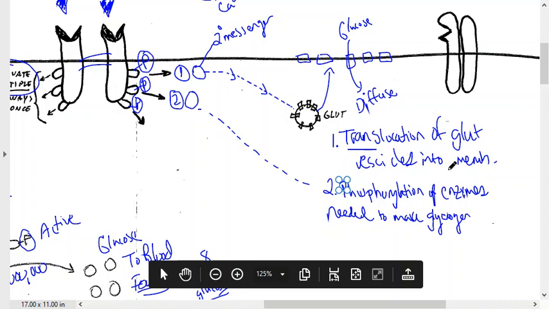Needed to make glycogen, right? If you're in a liver cell, this is where it would happen.